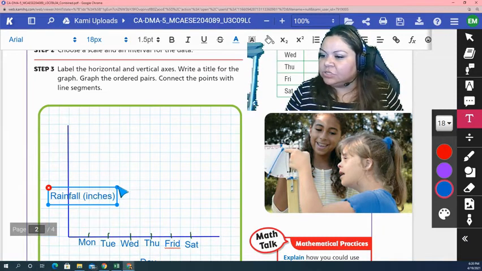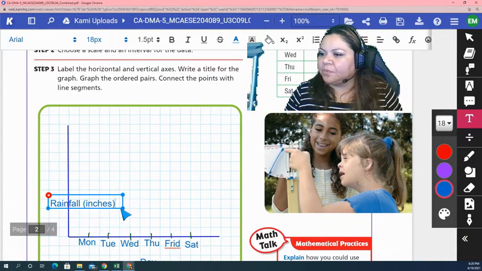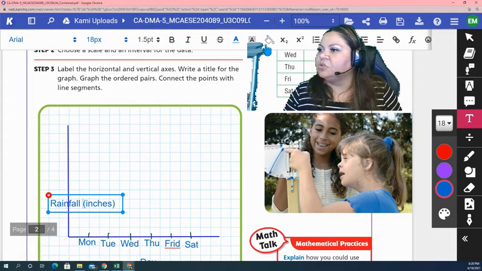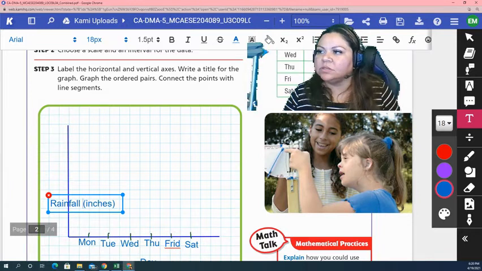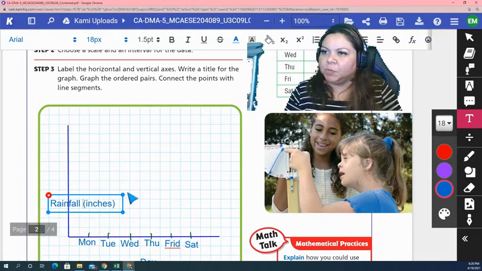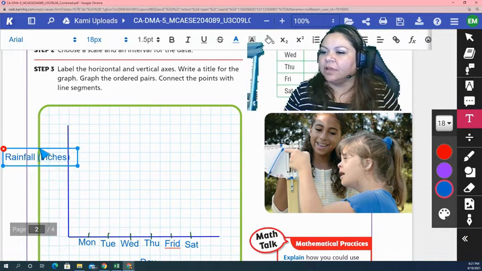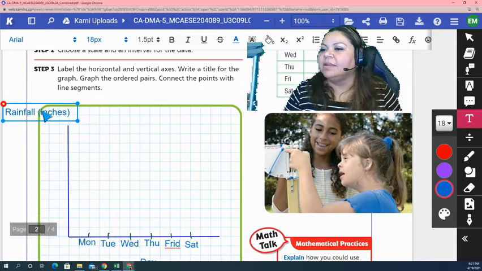And I need to actually turn this over to the side, which with this program, I'm not sure if I can. So if you guys figure it out, maybe you can tell me how. I'm trying to turn it. But for now, we'll just put it here, on this side.